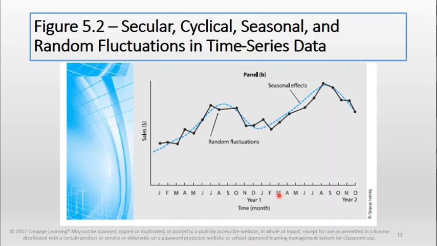While your seasonal effects, di ba, you have here your year 1 and your year 2. As you can see here, there is an increase, and your peak seasons are in July, August, September. So that is your peak season. And then for the next year, still there is an increase in July, August, and September. So di ba, this is what you can consider as your seasonal effects.